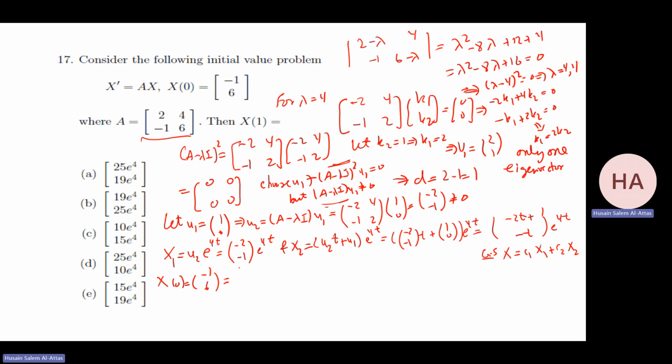Substitute 0, that will be c1 times x1, which is (minus 2, minus 1), e to the power 0 is 1, plus c2 at 0, that will be what? This is minus 2t plus 1, that will be (1, 0). And this will be equal to (minus 2c1 plus c2, minus c1) here. So I'm getting that c1 equals minus 6.